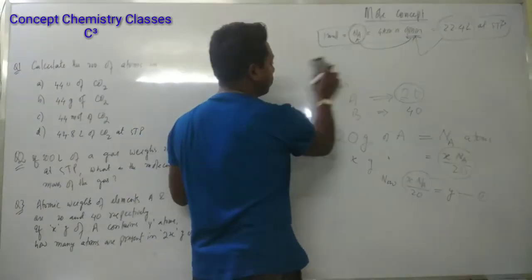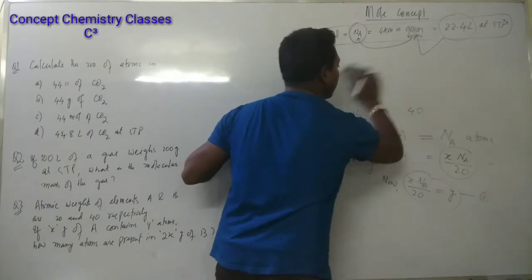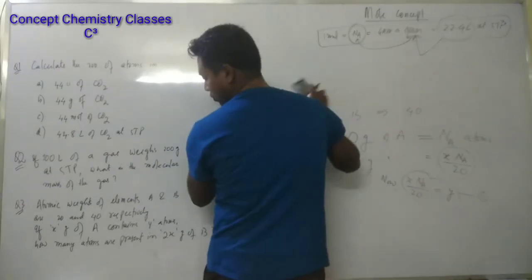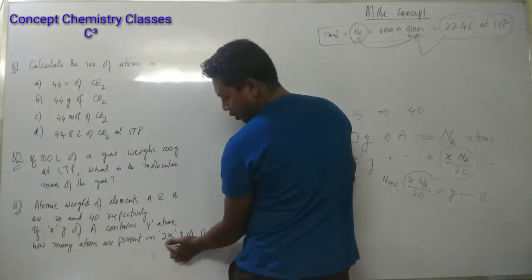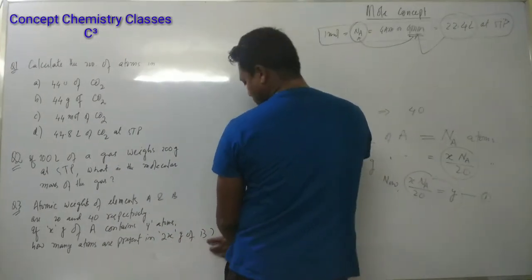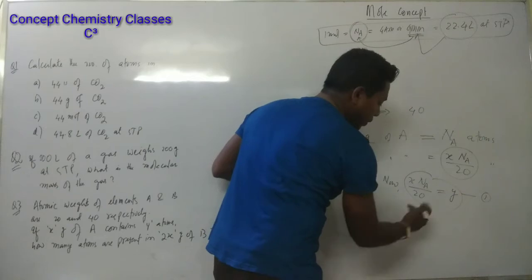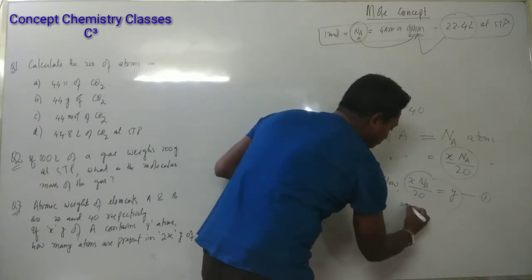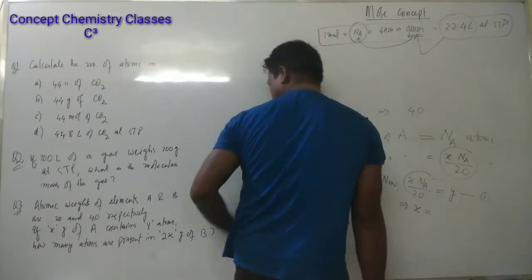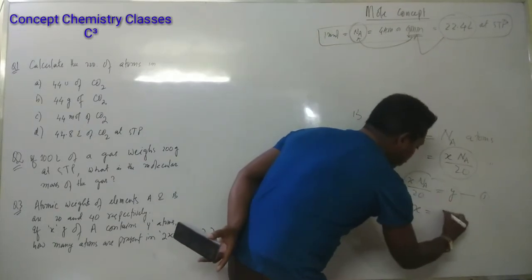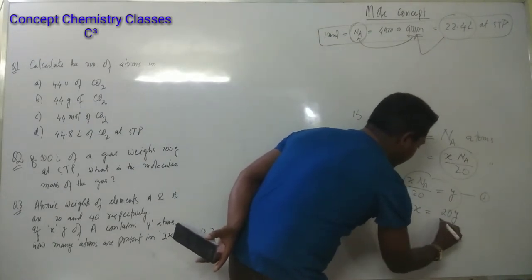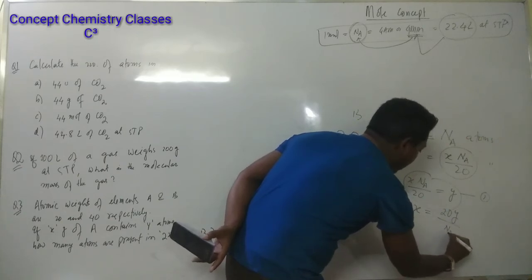Okay, now what we need to do is calculate the number of atoms present in 2x gram of B. So from this equation we need to calculate the value of X, which is X equals 20Y divided by Na.